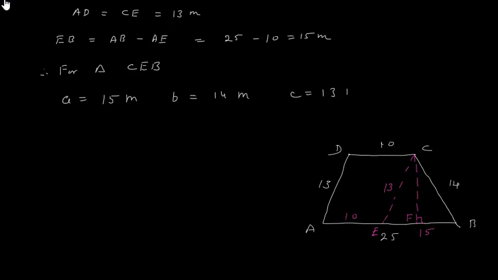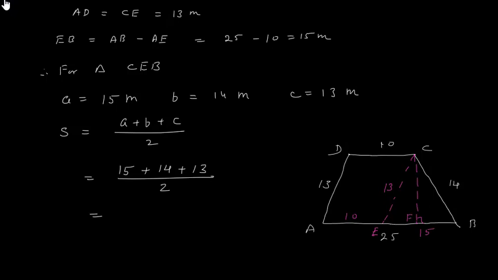And I will find s, the semi-perimeter, which is a plus b plus c divided by 2. So this will be 15 plus 14 plus 13 whole divided by 2, which is 42 divided by 2. So this is 21. This is s.